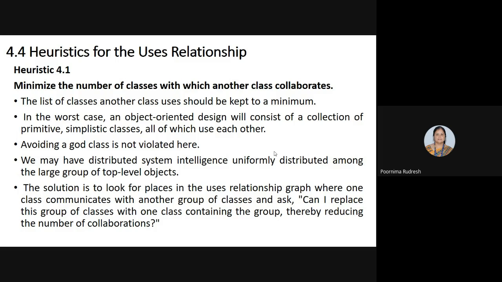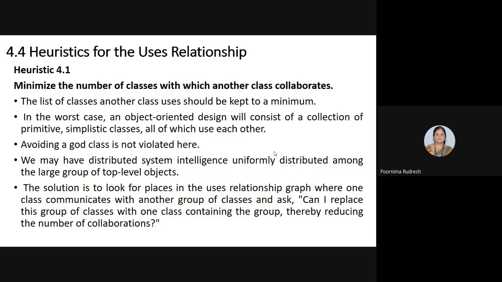By grouping the classes with which class 1 interacts into a single group, the number of collaborations is reduced from 3 to 1. So here we are looking for solutions where one class communicates with a group of classes. Let us consider that class 1 is interacting with class 2, class 3 and class 4.